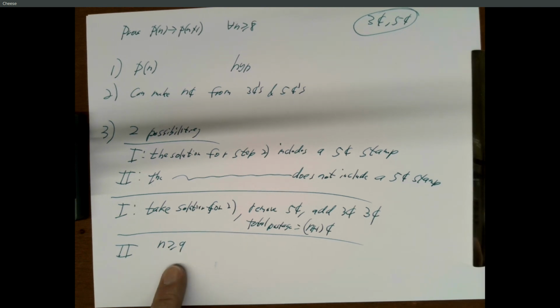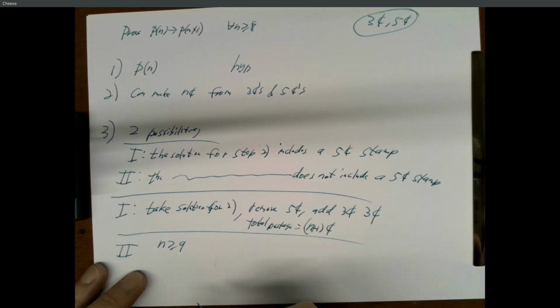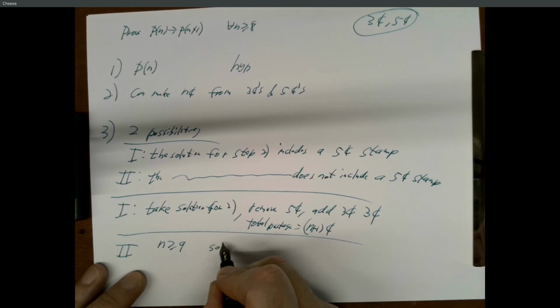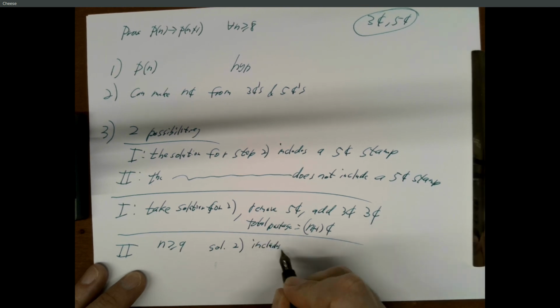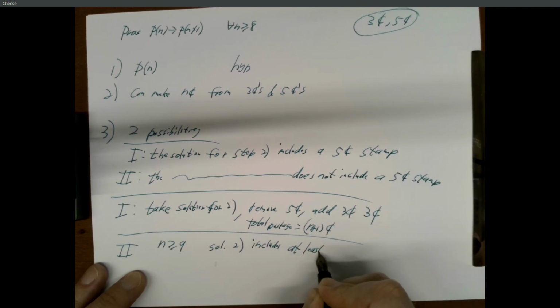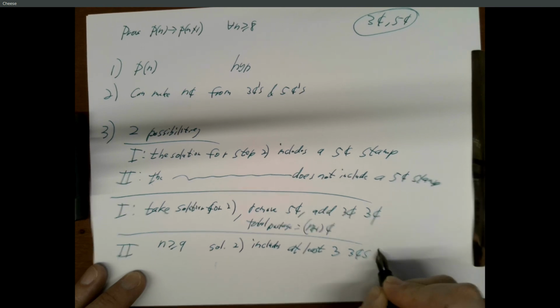Now, if it's equal to 9, it's got 3 3-cent stamps. If n is bigger than 9, and it's only got 3 cents, it's got more than 3 3-cent stamps. So in case 2, the solution from step 2 includes at least 3 3-cent stamps.